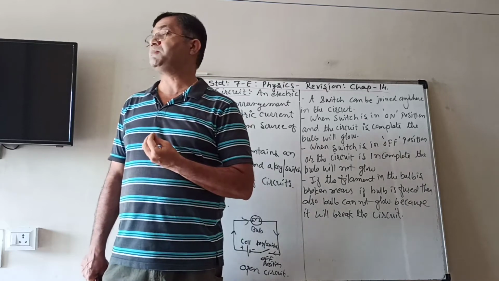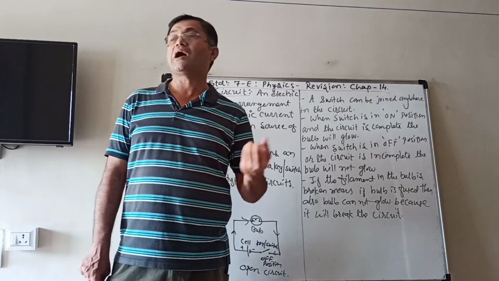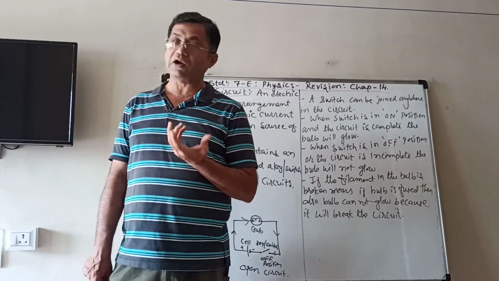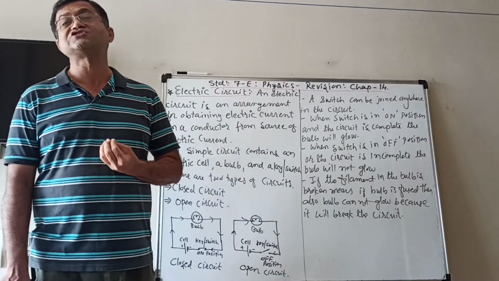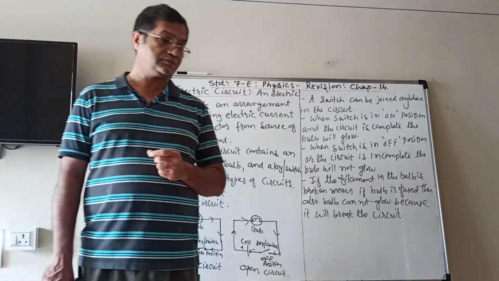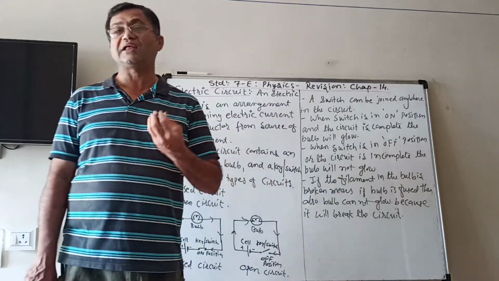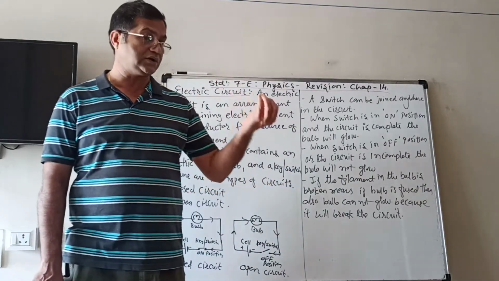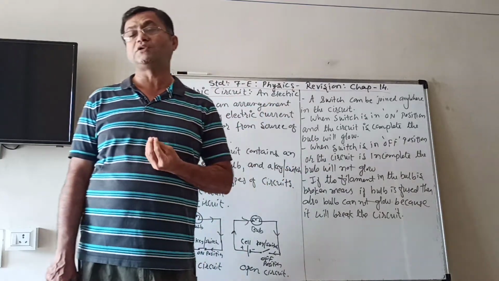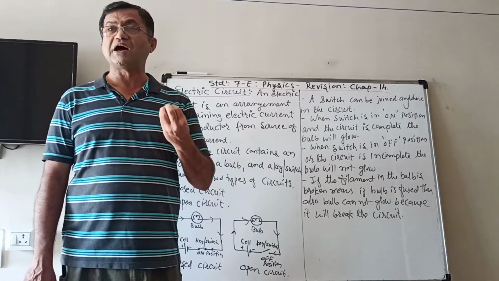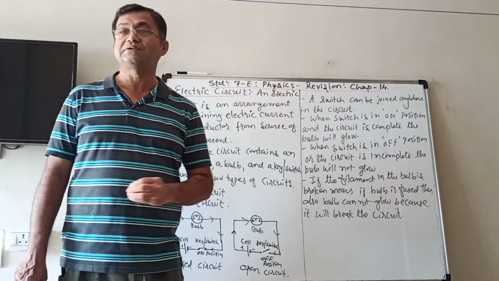Source of electric current means either the power station from where we get electricity in our houses, or the electric cell that we are using in the different electric gadgets like mobile, or the batteries that we use in the remote controls, etc. So those are known as the sources of electric current.